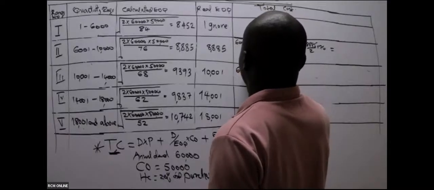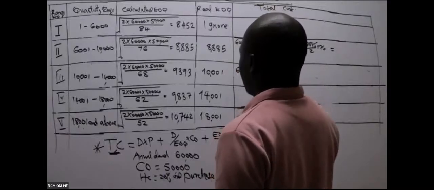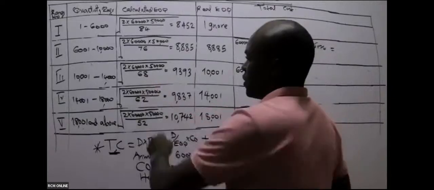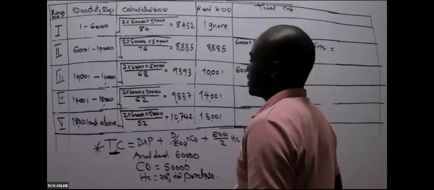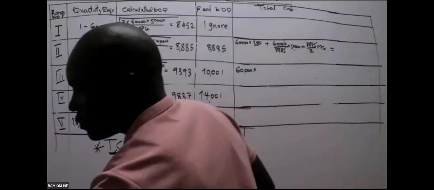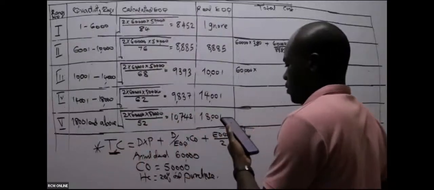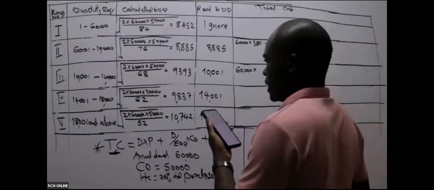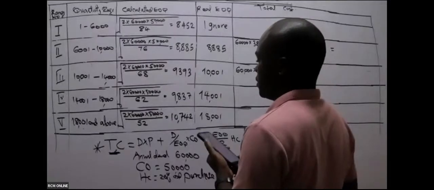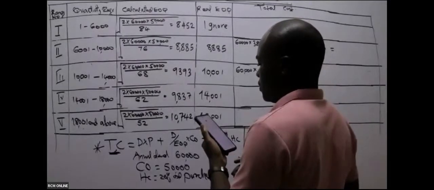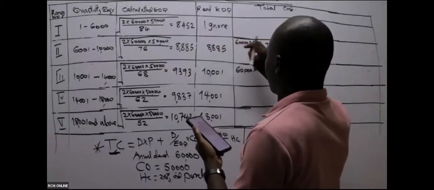Come to this part, 60,000 times purchase price. This one here should be, was it 390? Is it 390 or 380? So we have done with this one here, 380.